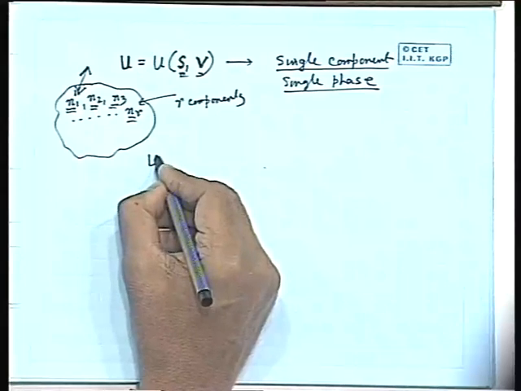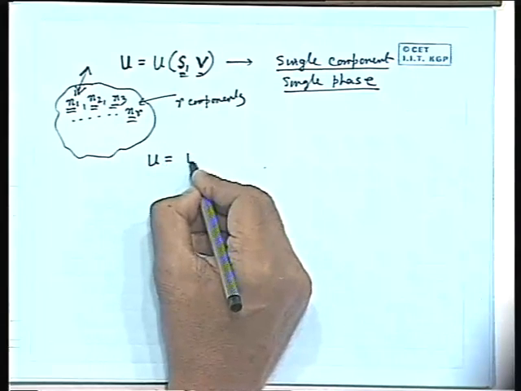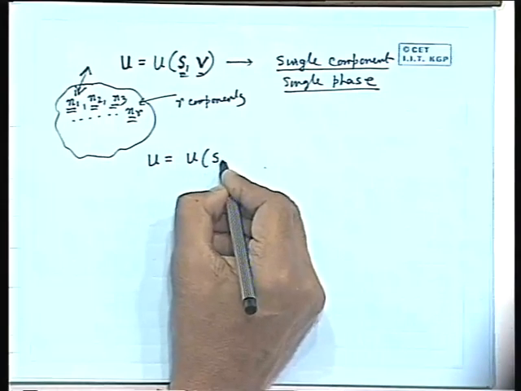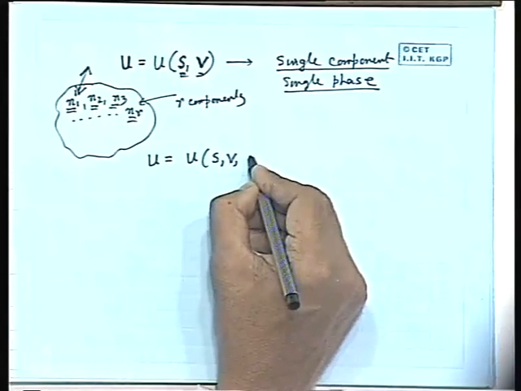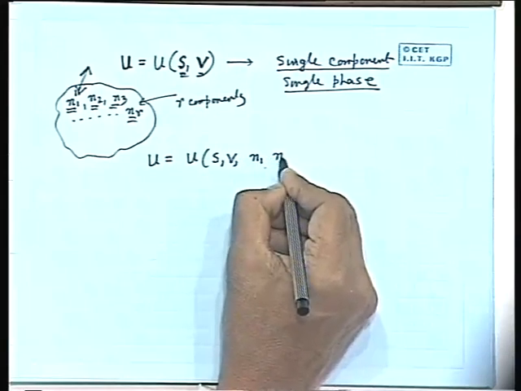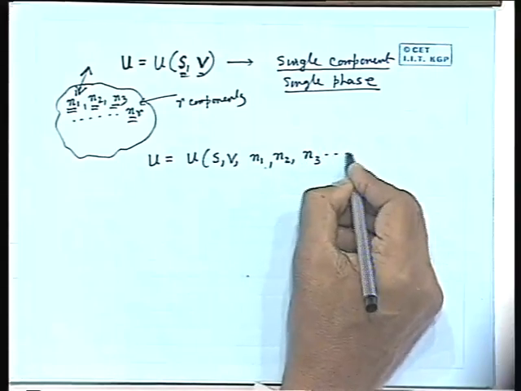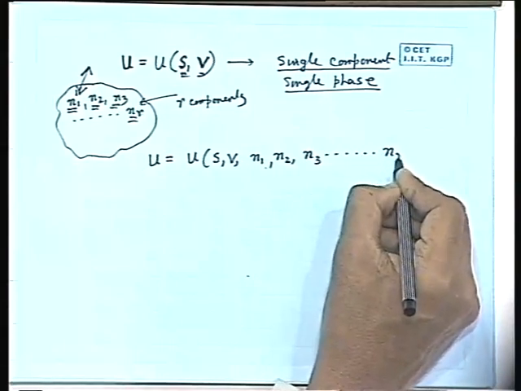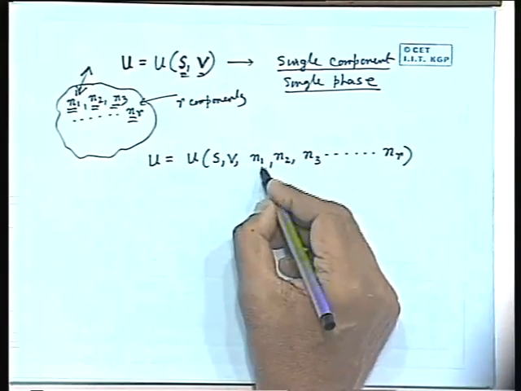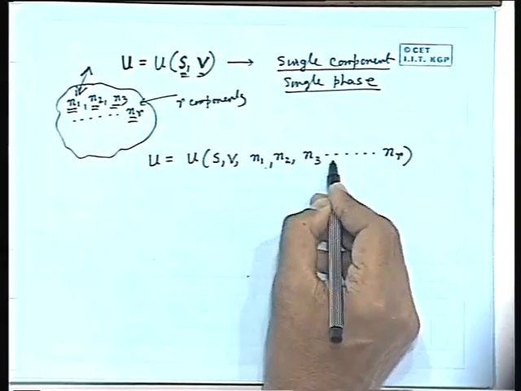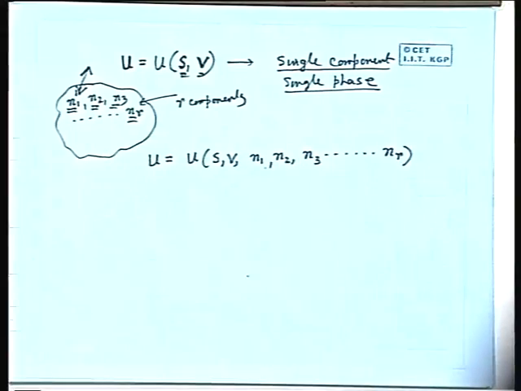In that case we can write U as a function of S, V and all the numbers of moles, that means the composition of the constituents. The R components are there and U depends upon the number of moles of the R constituents.